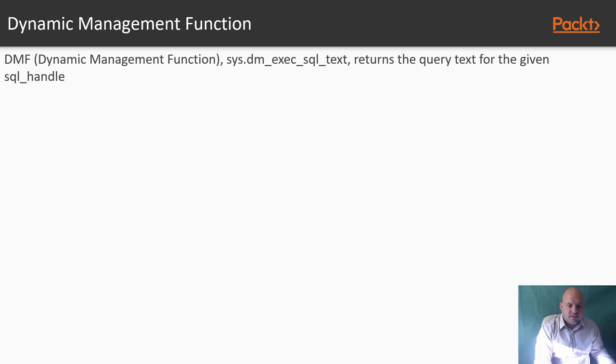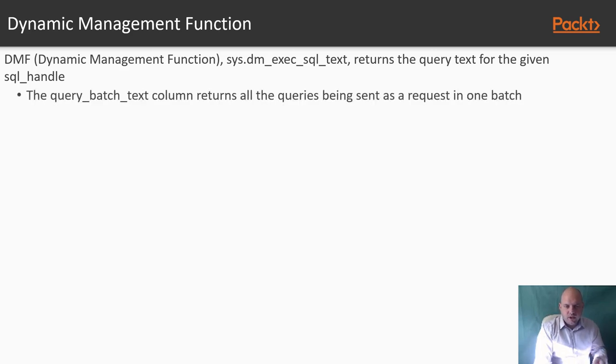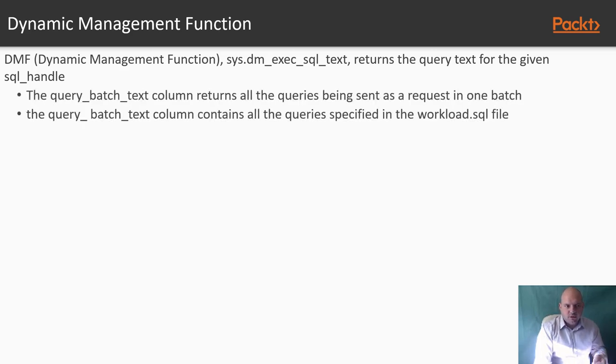The DMF sys.dm_exec_sql_text is going to return the query text for a given SQL handle. Now, the query batch text column returns all the queries being sent as a request in one batch. So if we run the workload we ran earlier on, we will realize that the query batch text column contains all the queries specified in the workload SQL file.